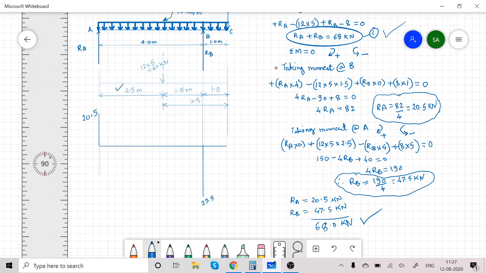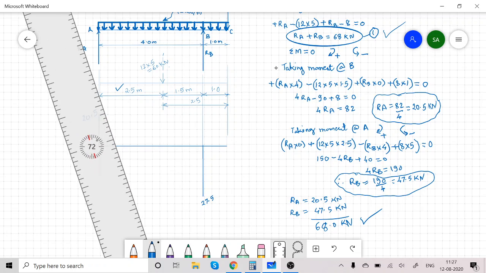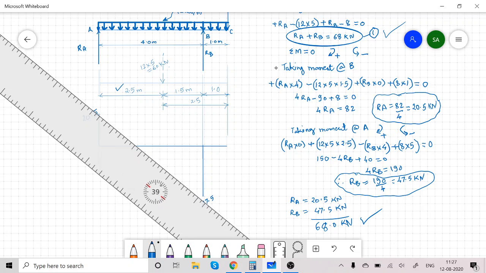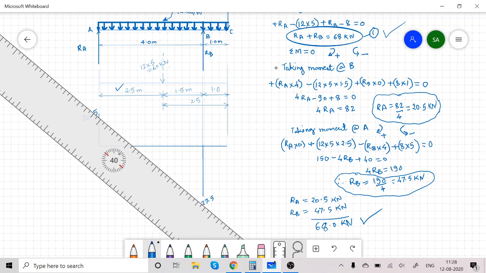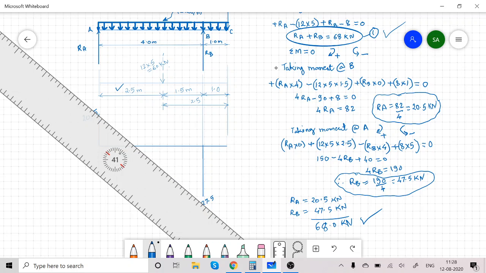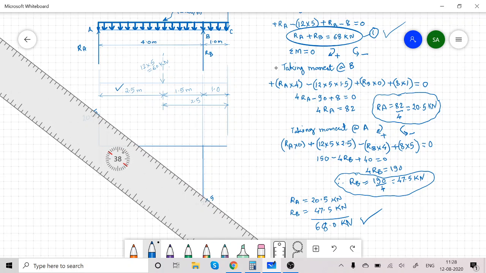So 20.5 minus 48, that is minus 27.5. Let us join these 2 points, 20.5 and 27.5 minus at B.